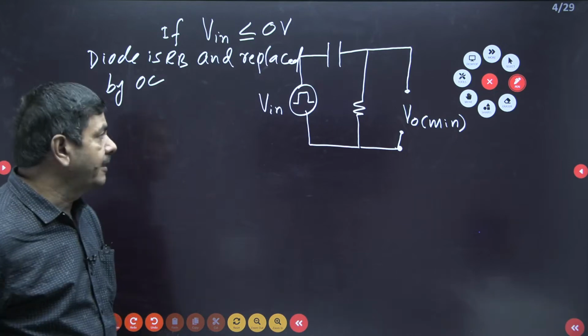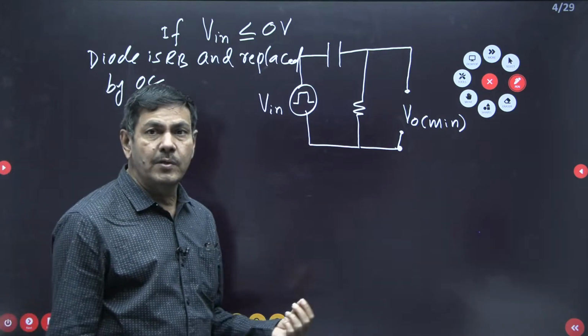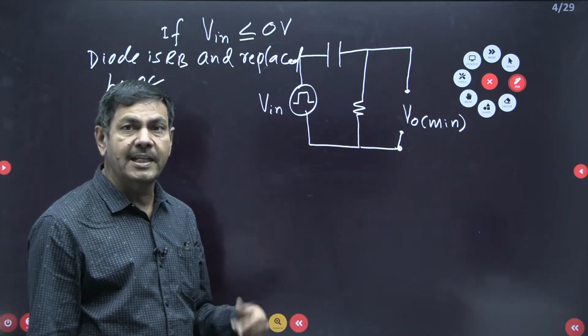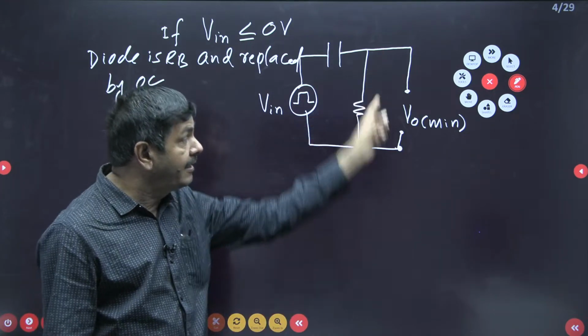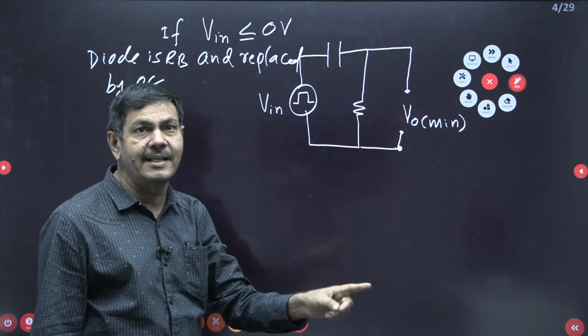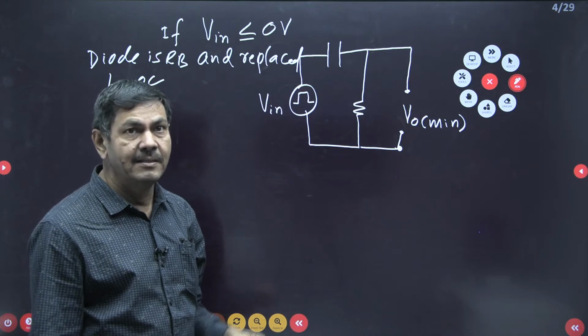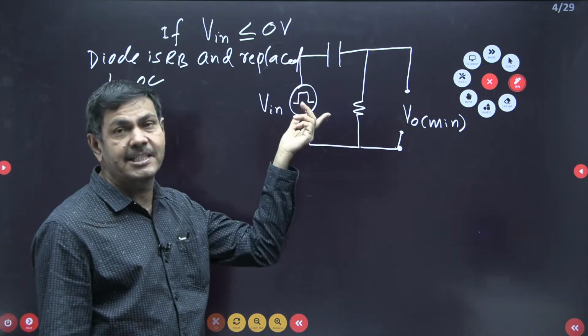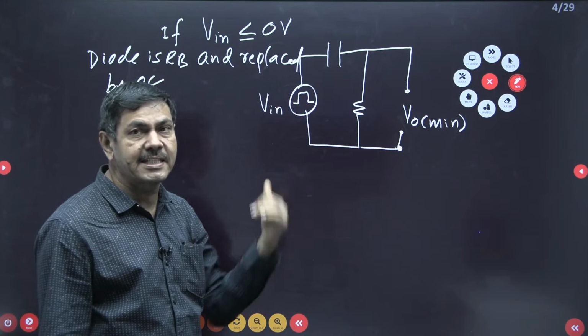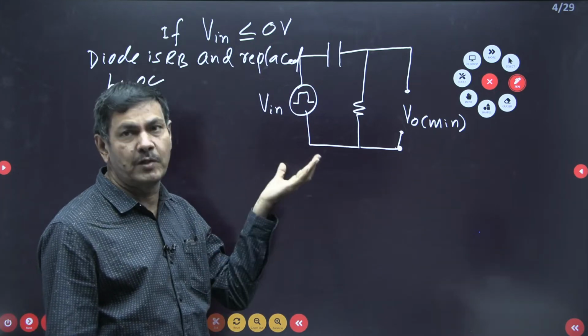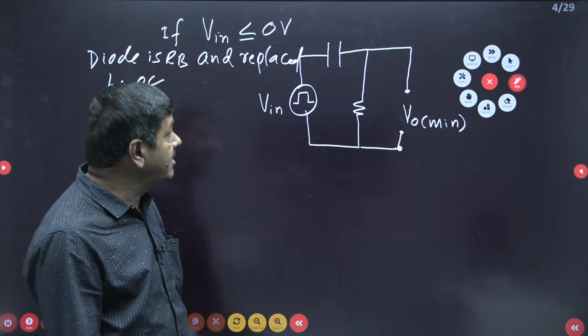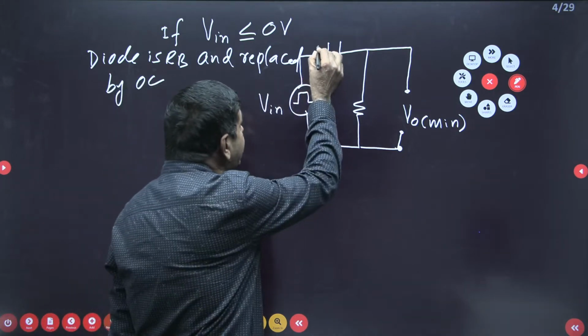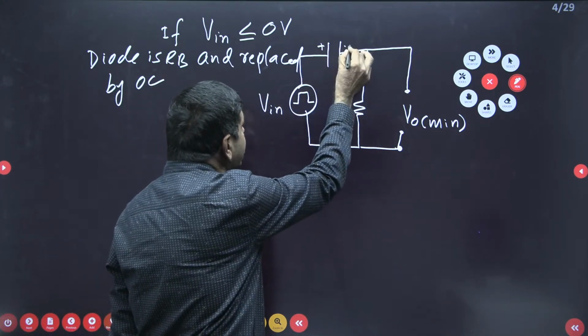But I said already, once the diode is forward biased, voltage across the diode will be 0 because it is ideal, I said. But voltage across the capacitor is possible because charging of the capacitor is done because of the connected input voltage only. When the positive pulse is given initially, this can get the positive polarity, this can get the negative polarity only.